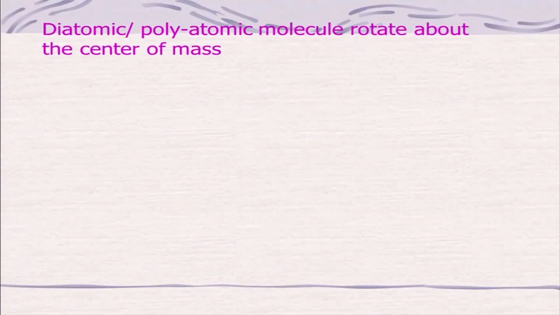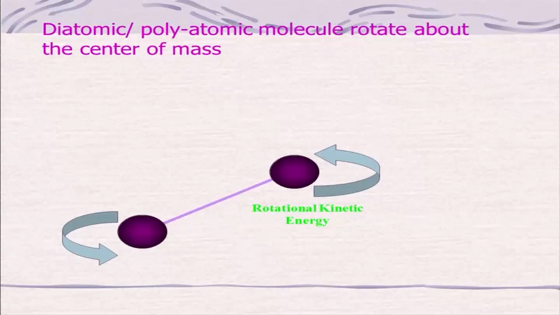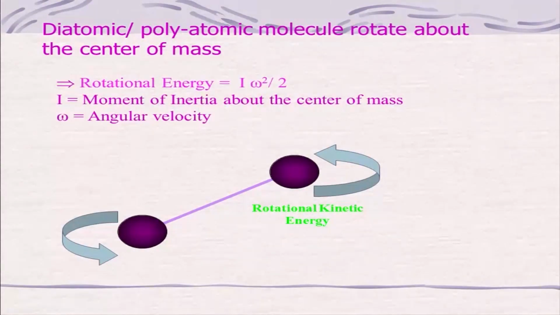If you consider a diatomic or polyatomic molecule, it can rotate. The molecule can translate, and it can rotate about the center of mass. That will basically be rotational energy.